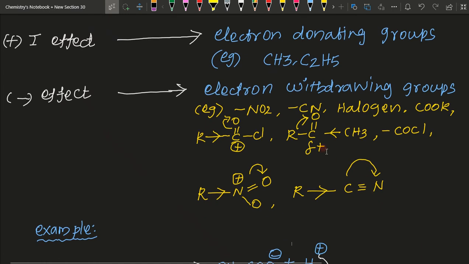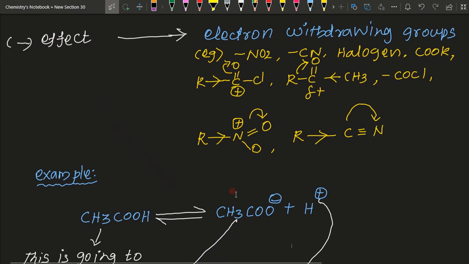For example, these are the most common electron withdrawing groups. Please remember this. 1, 2, 3, 4, 5, 6, 7, 8, 9. These are mostly what we can use.